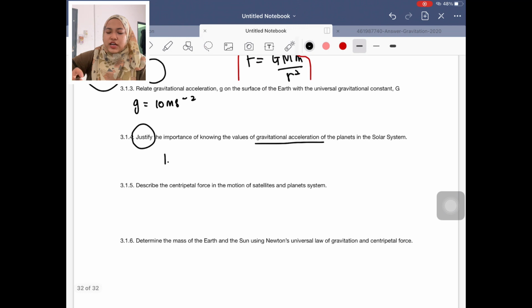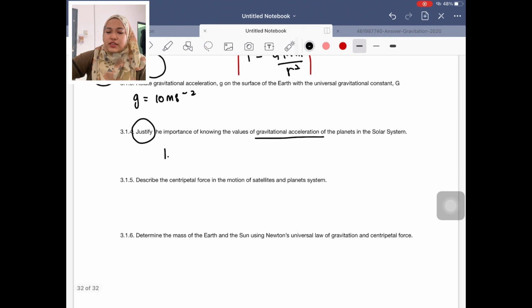Describe the centripetal force in the motion of satellite and planet system. The formula for centripetal force is mv squared over r. Ini kita panggil dia centripetal force.